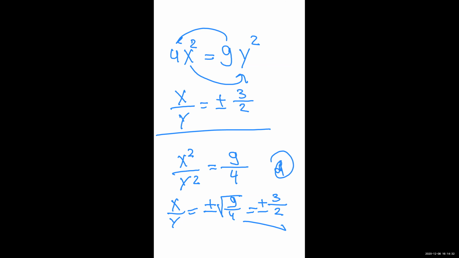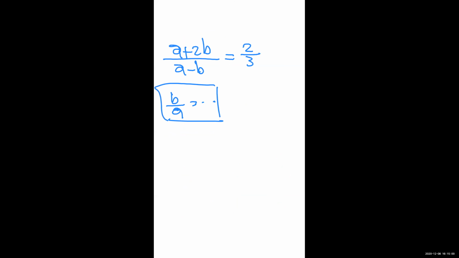Then the next question is question 10. If a plus 2b over a minus b equals 2 over 3, then b over a equals... Okay. Now use the cross multiplication. Product of means equals product of extremes.